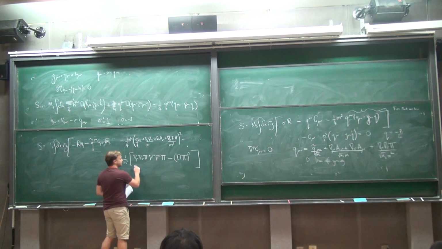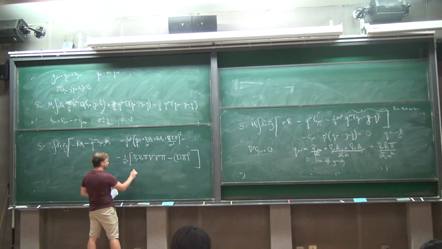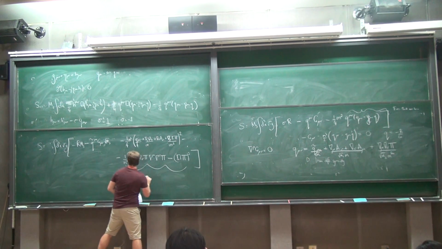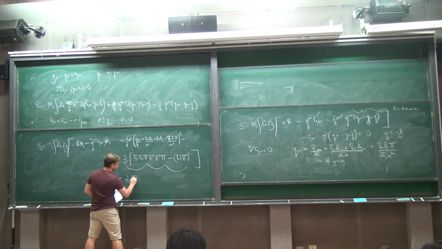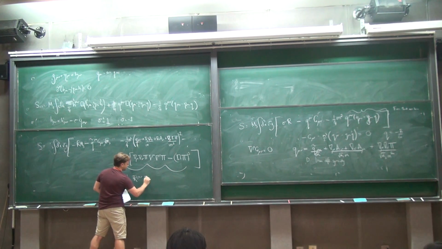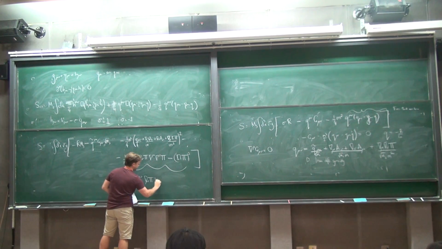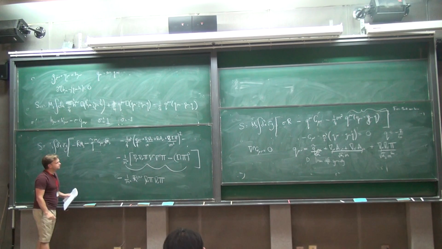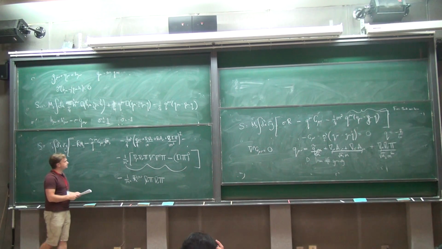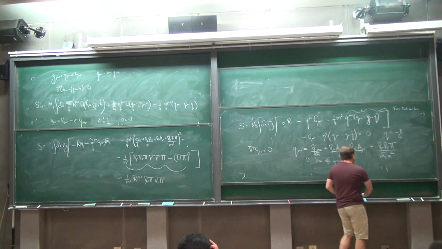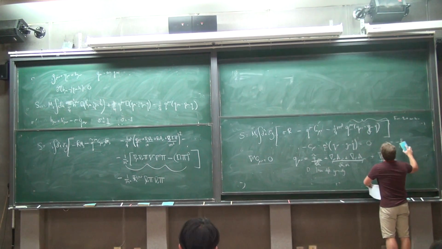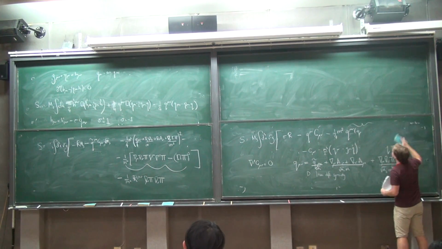And in this case, after integration by parts, this combination becomes 1 over m squared R mu nu d mu pi d nu pi. And that piece will survive as a non-trivial interaction.